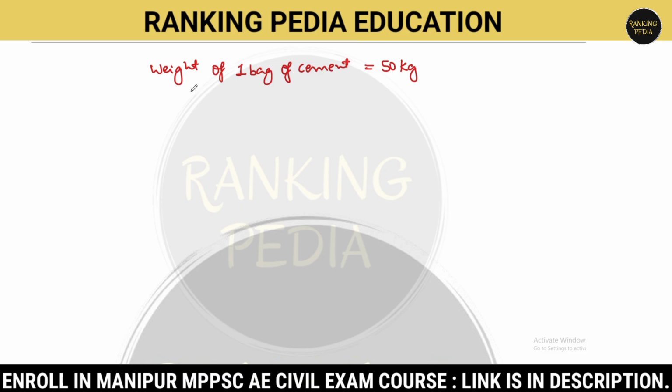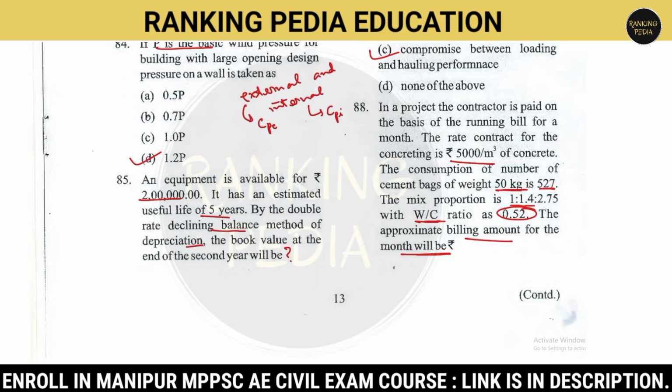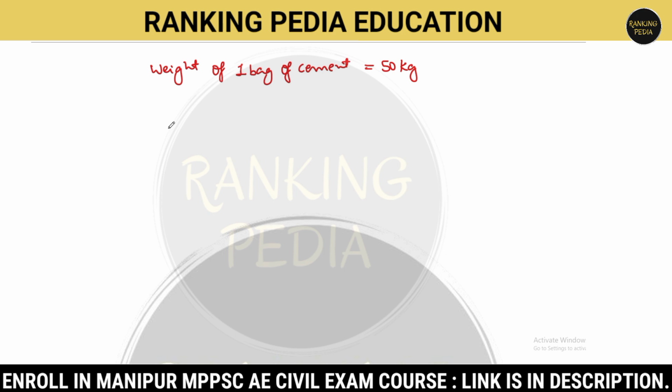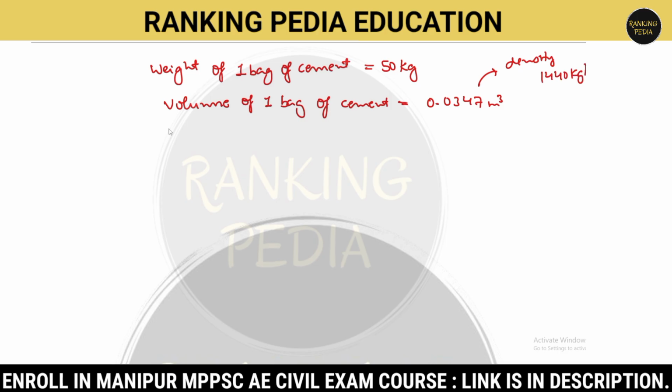Volume of one bag is also given, approximately 0.0347 meter cube, because the density is 1440 kilogram per meter cube. So the volume of one bag of cement is 0.0347 meter cube.